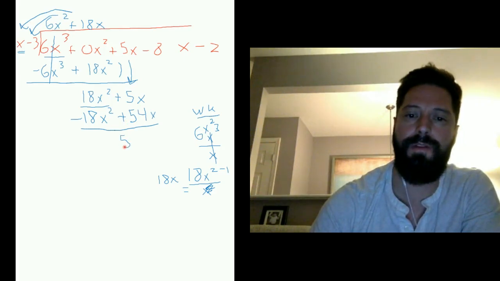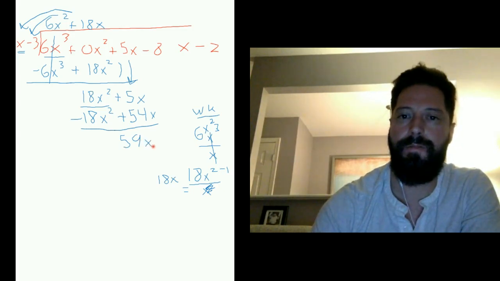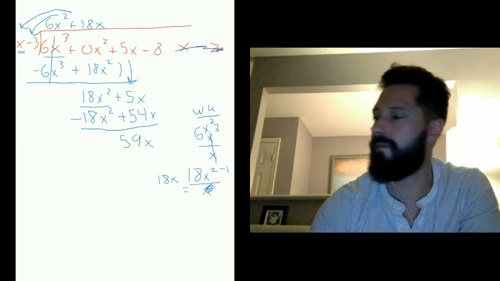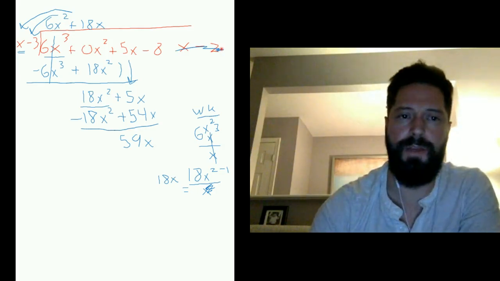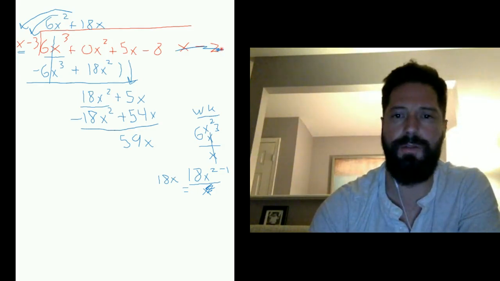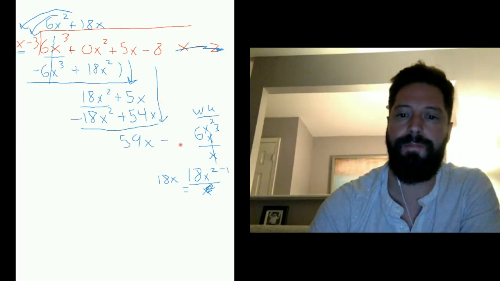Oh, this whole thing was supposed to be x minus 2, by the way, but I'm not sure that matters. Okay, minus 8. Now we divide 59x by that x term, and it's just 59, so we put plus 59.